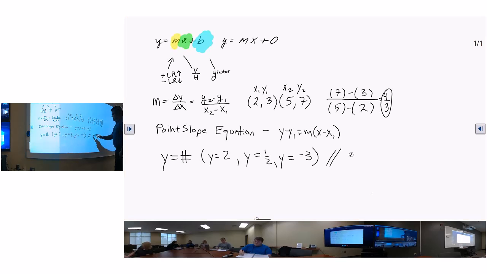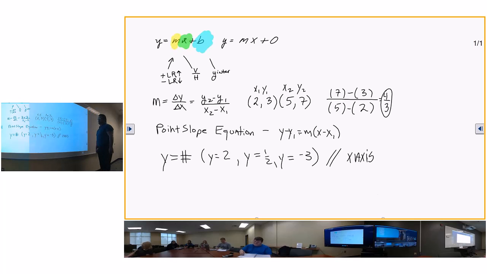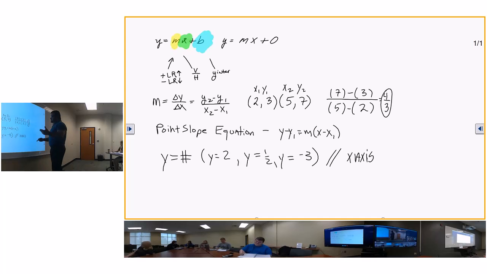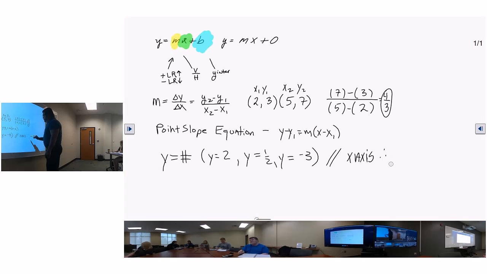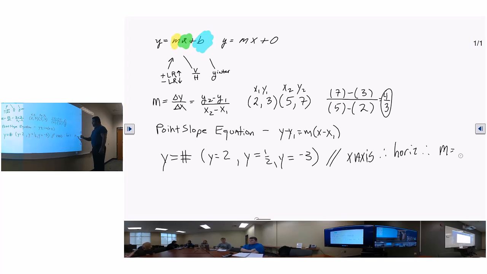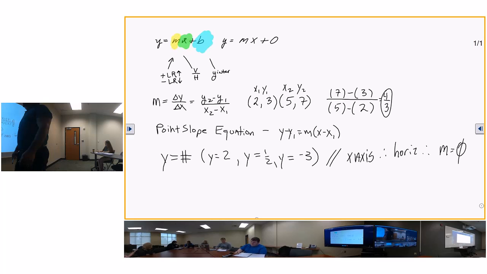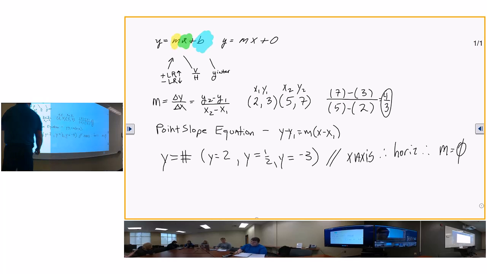X. Good job. Appreciate that interaction. It's parallel to the x-axis, so therefore it's a what? A horizontal line. Therefore, the slope is equal to what? 0.